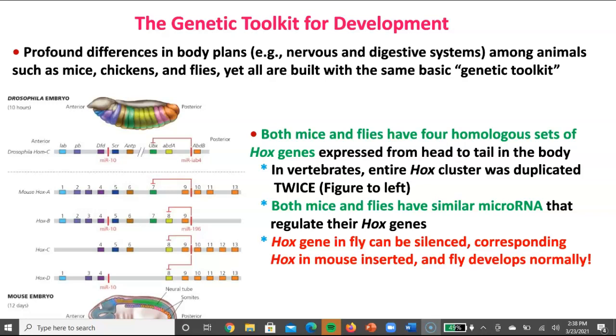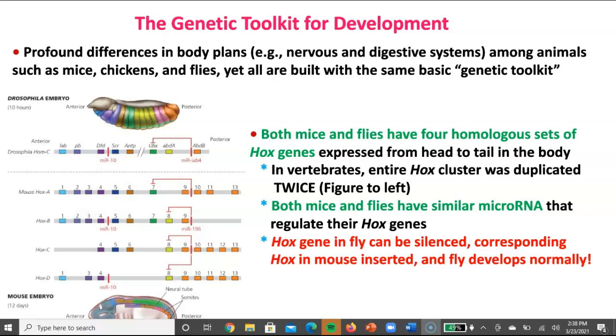And just to show how this homology works, and how profound it is that even though we end up with such different bodies, we got these genes from a common ancestor. The Hox gene, this is in red on the bottom of your slide, the Hox gene in a fly can be silenced, turned off, and we can take the corresponding Hox gene from a mouse and insert it into the fly, and the fly will develop normally.